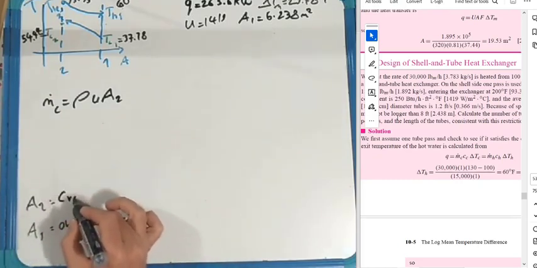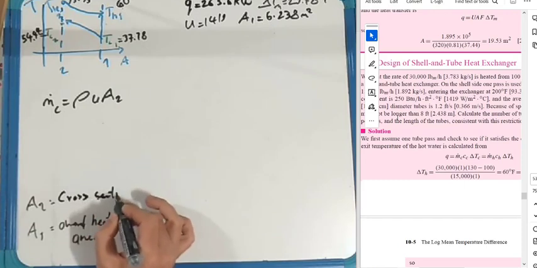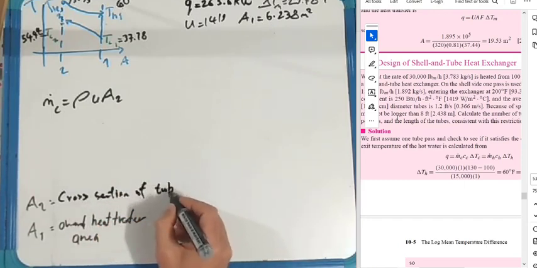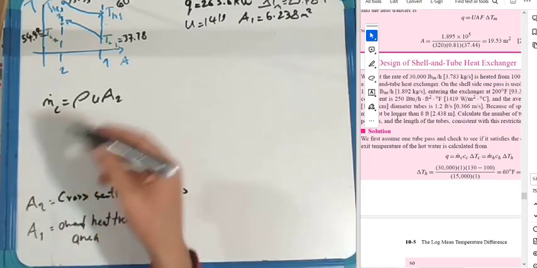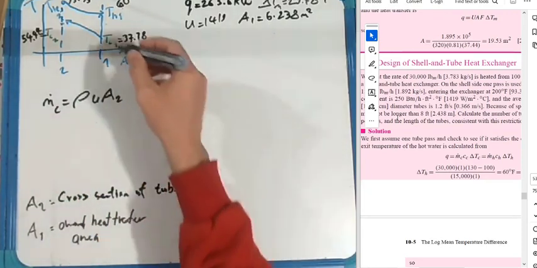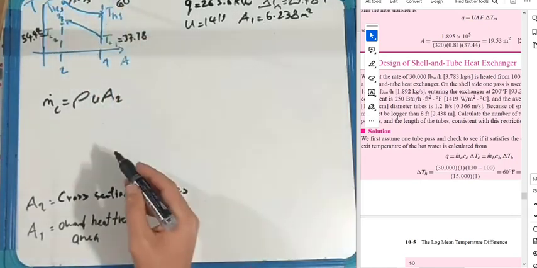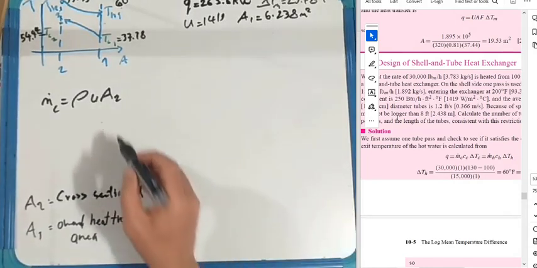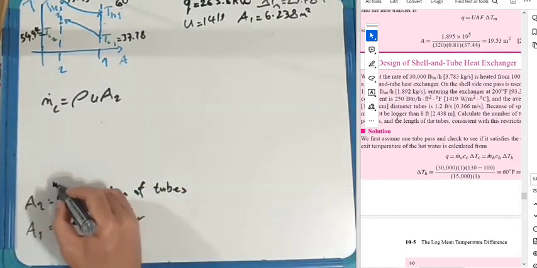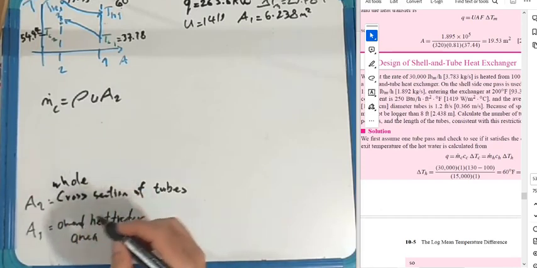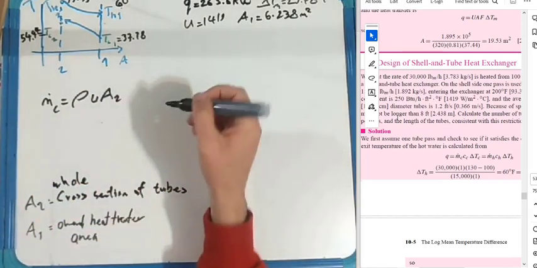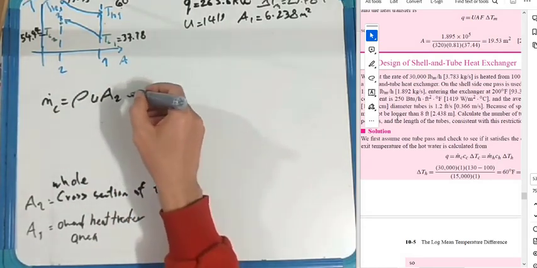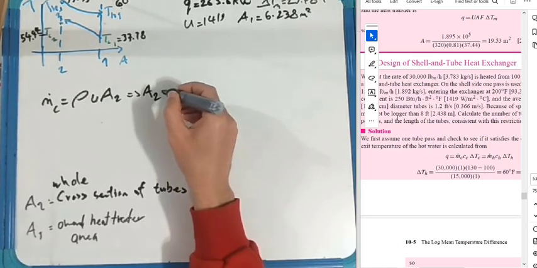The cross section of tubes. M dot cold has a cross section. Better to say the whole cross section for all the tubes is that one. So I need to know that one.